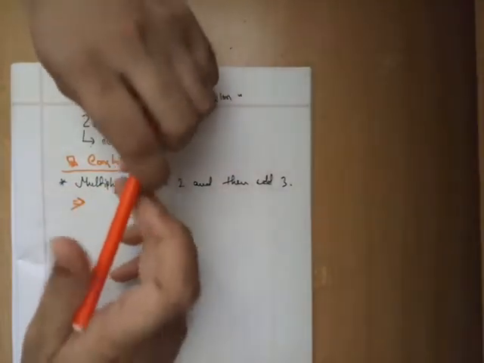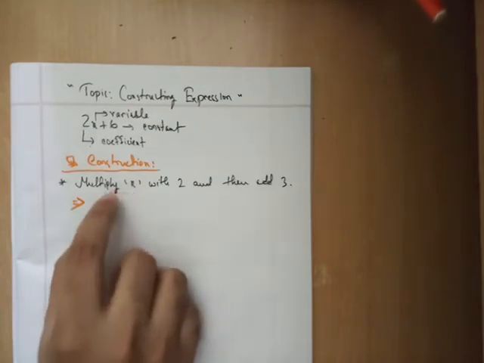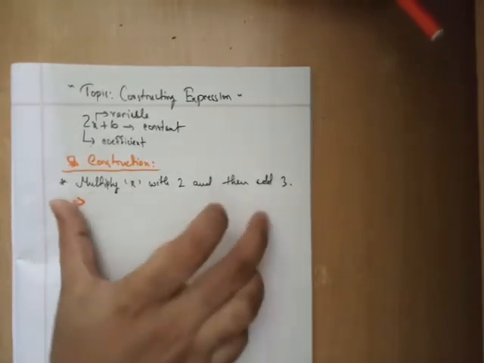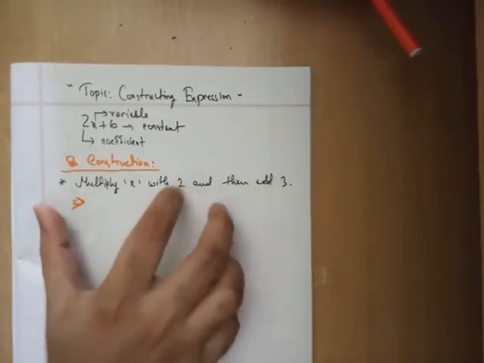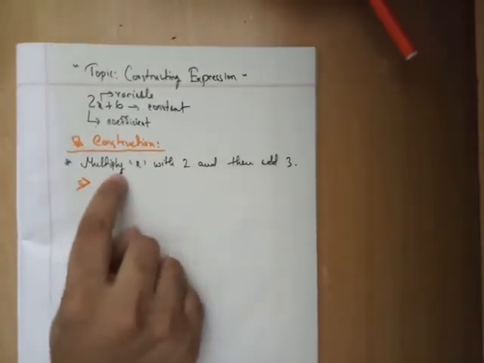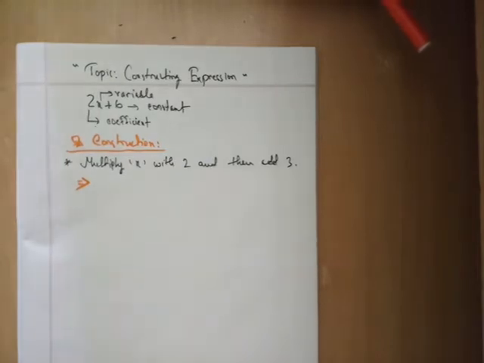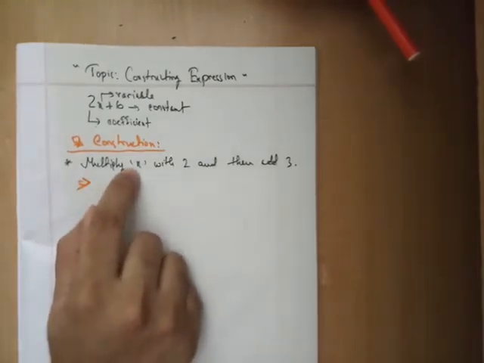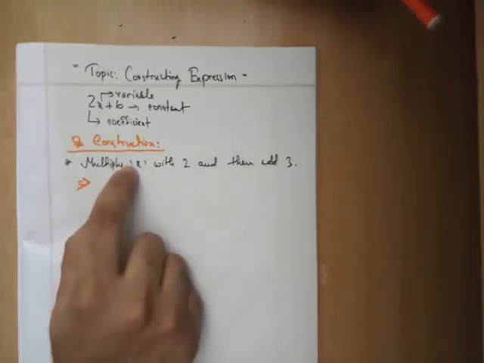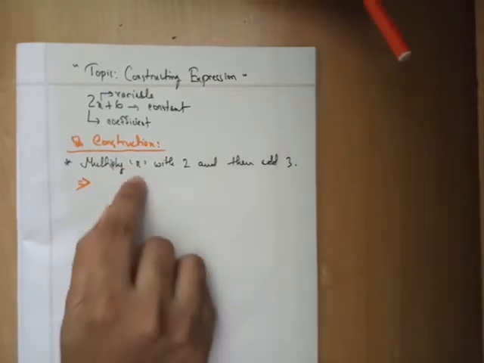In order to solve these problems, you need to look into the language of the questions very carefully. You need to understand what the question is asking me to do. Multiply x with 2 and then add 3. So I have got three things here. First of all, I have got a variable to start with, and they have given us the variable, which is the unknown itself, called x here.